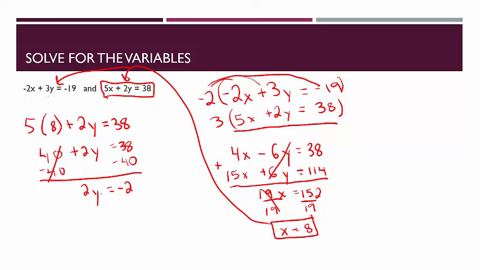So I get 2y equals negative 2. Therefore, y must be negative 1. And so my solution pair would be 8, negative 1.